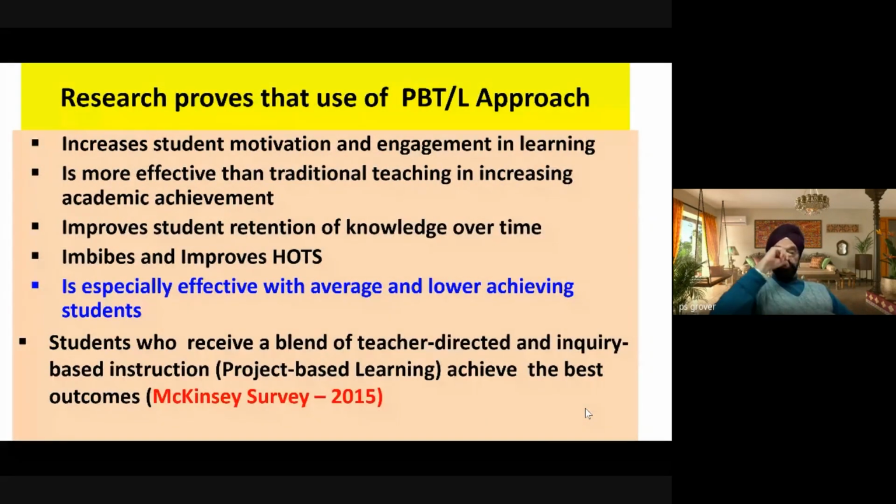Now, research proves that the use of the project-based teaching learning approach, as an instructional method, increases student motivation and engagement in learning. That is, when a student is given an assignment that comes from real life. As an example, let us say the student is asked to develop a smart camera, or a smart attendance system.